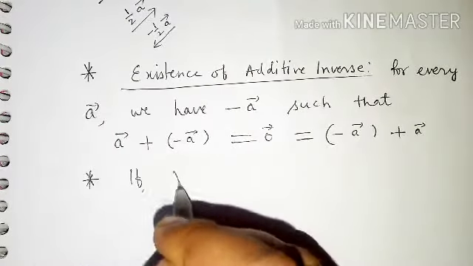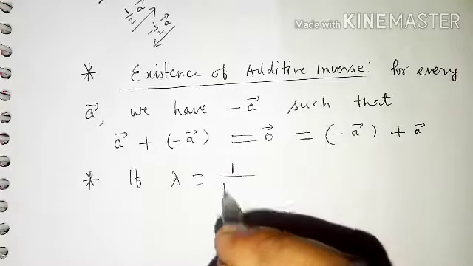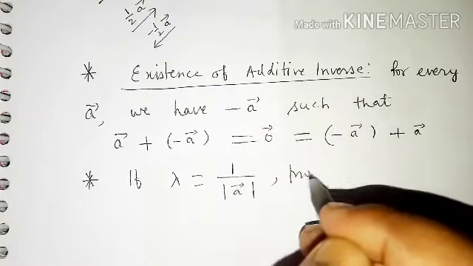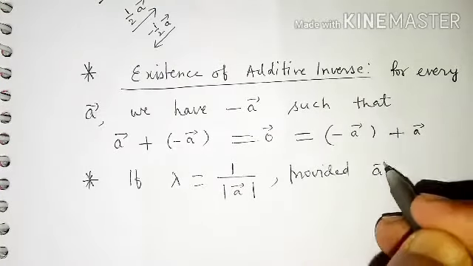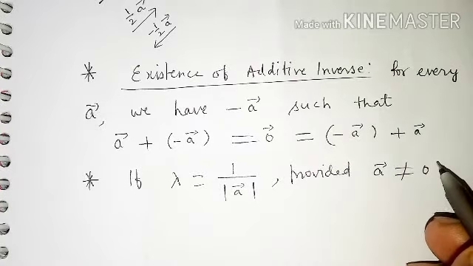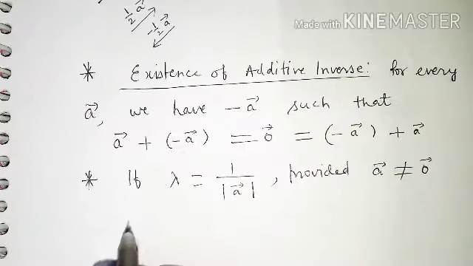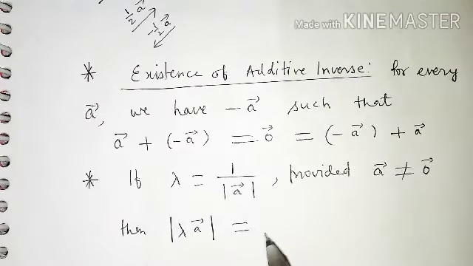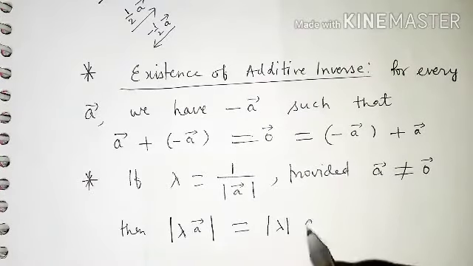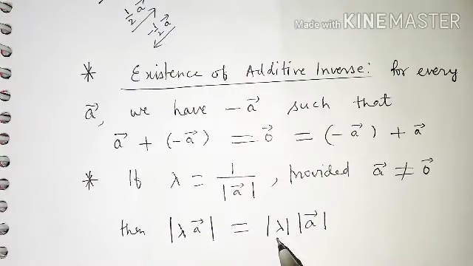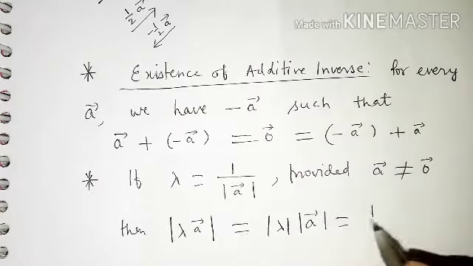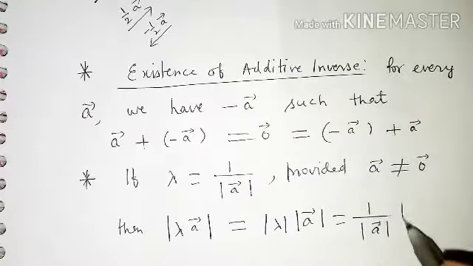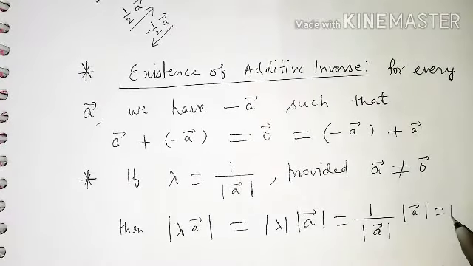If lambda is equal to 1 by magnitude of vector a, provided vector a is not equal to null vector, then magnitude of lambda vector a is magnitude of lambda into magnitude of vector a, which is 1 by magnitude of a into magnitude of a, it gives us 1.